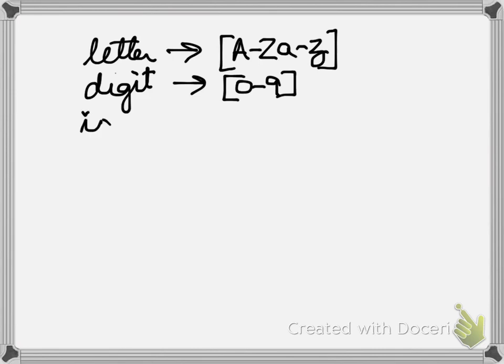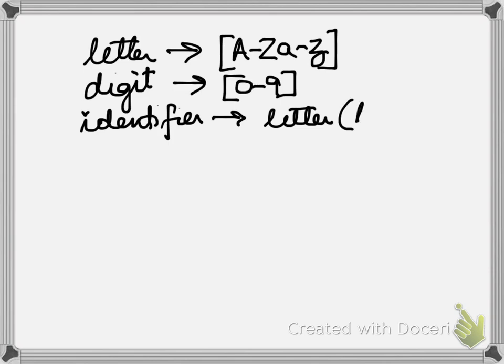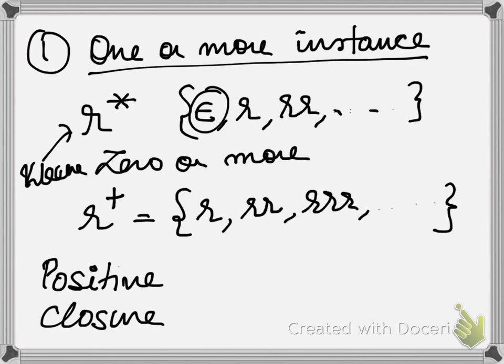And then identifier would be your letter followed by letter or underscore or digit star. Okay, so this is a character set. So we have seen three different extensions. Again, remember, these cannot be used in writing simple regular expressions. You can use them only in specific situations, like when you write regular expressions for your Unix utility called lex.